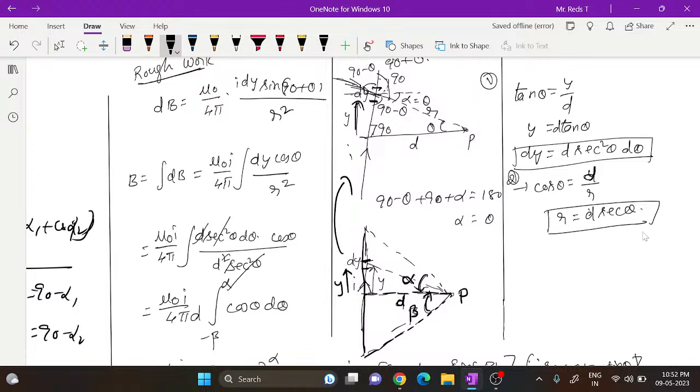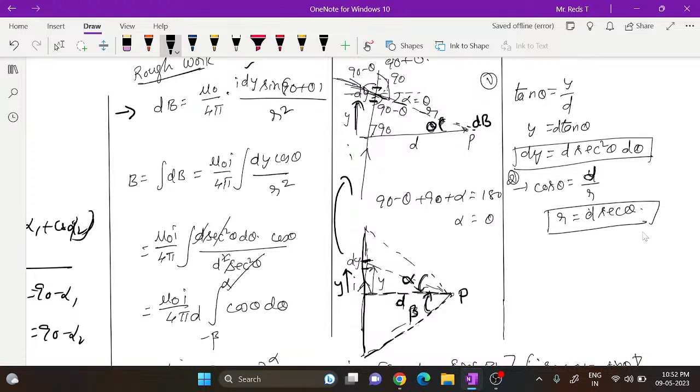If you draw a line from that small element onto the point P, and mark the angle made by that line as theta, any symbol we can use, then the small amount of magnetic field produced by that small element can be taken as dB. From Biot-Savart law, dB is equal to mu naught by 4 pi into I into dl, where dl is the length of the element, which we have taken as dy here, so I into dy into sine theta.